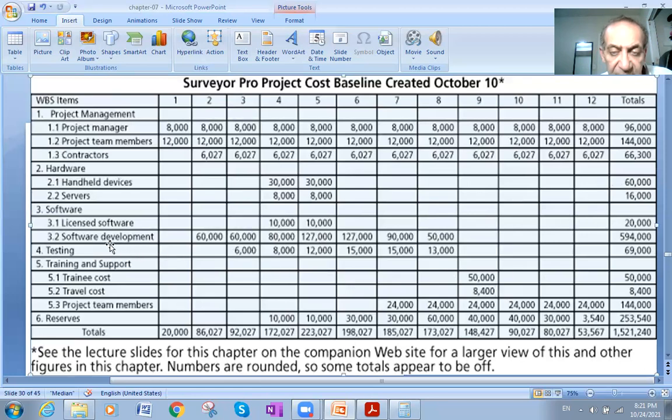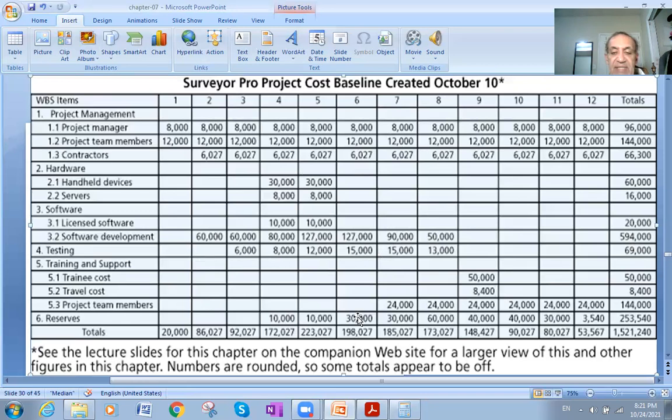Then the software development, like you see here, 60 on phase 2 or month 2, 60 on month 3 or phase 3, 80,000 in phase 4 or month 4, 127,000 in month 5 or phase 5, and the same likewise in phase 6, then 90 in phase 7, and 50 in phase 8. When I add them up together, 60,000 plus 60,000 plus 80,000 plus 127,000 plus 127,000 plus 90,000 plus 50,000, they will come to 594,000.